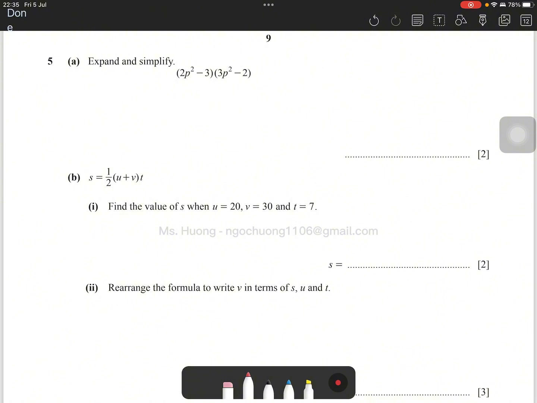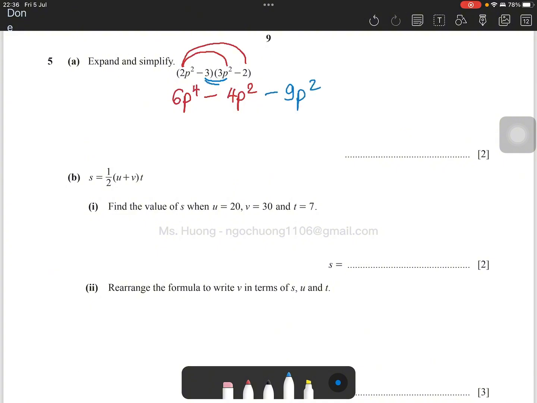Question 5. A. Expand and simplify. So we just pair up: 2p squared times 3p squared is 6p to the power 4. And then 2p squared times negative 2 is negative 4p squared. Next, negative 3 times 3p squared is negative 9p squared.